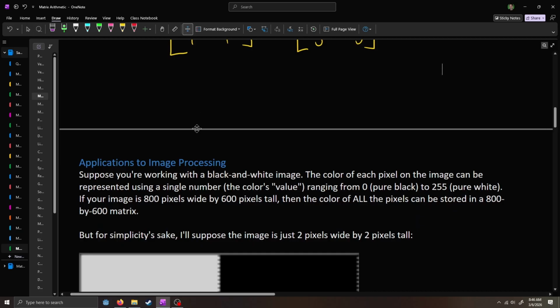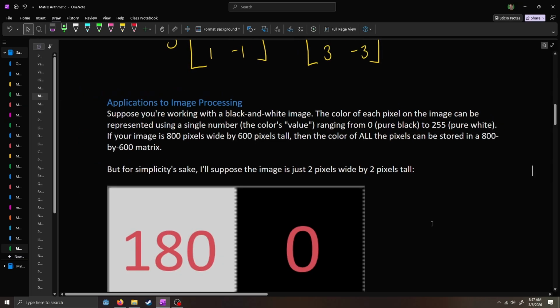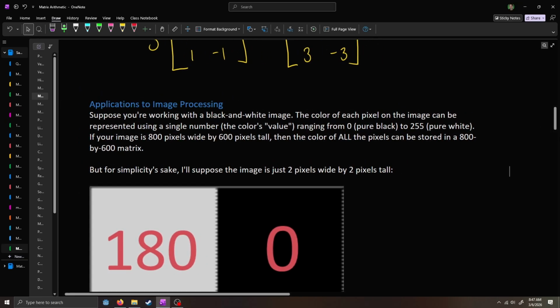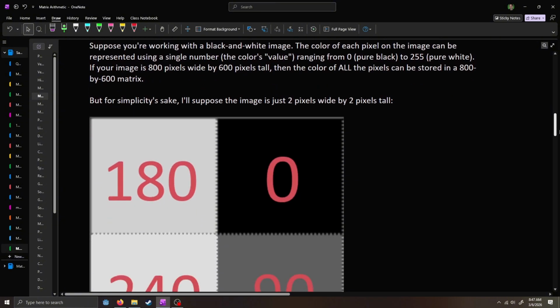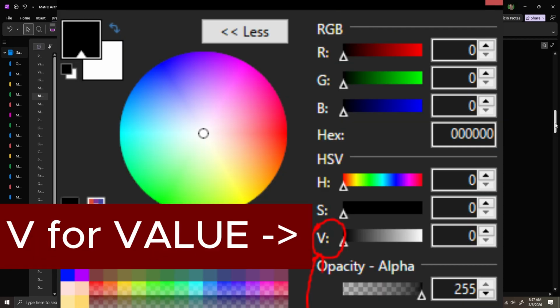Let's talk about some of the applications of matrix addition. So a little bit of a side quest into the world of image processing. For simplicity's sake, let's suppose that we have just a really small black and white image. Now, if the image is black and white, then the color of each pixel can be stored using a single number called the value of the color.